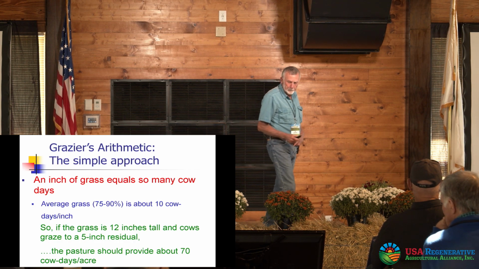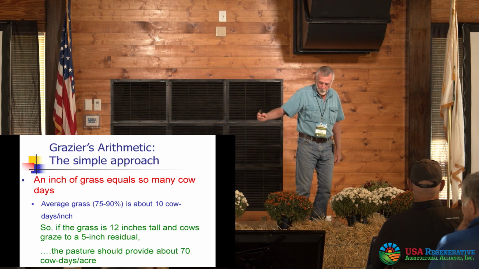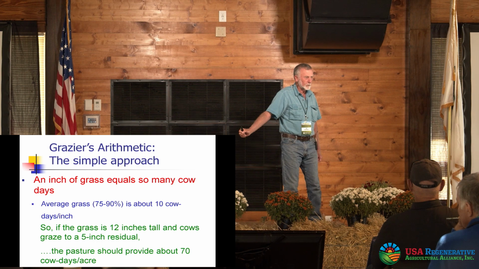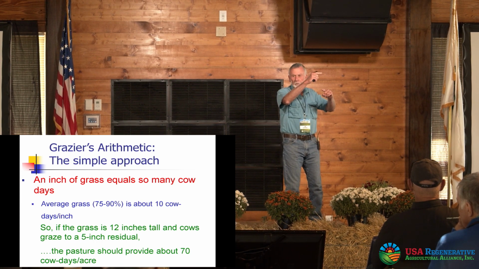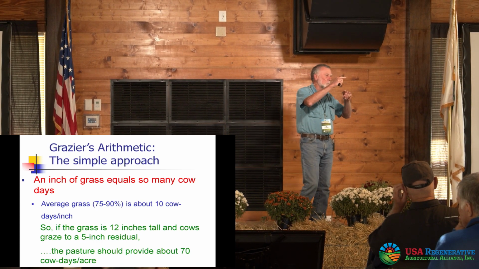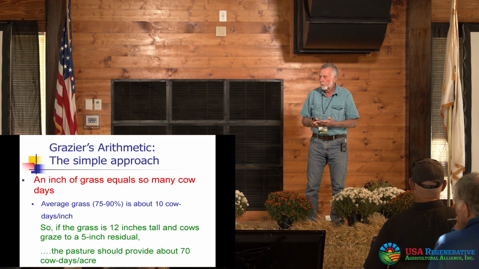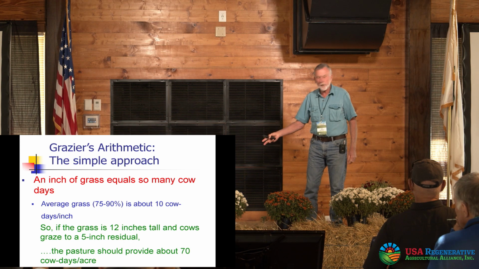So we take our sword stick and we measure that there's 12 inches of grass out there. We want to leave a 5-inch residual. So our objective is going to be to harvest 7 inches of grass off of there. And we looked at it and said, well, that's average grass.